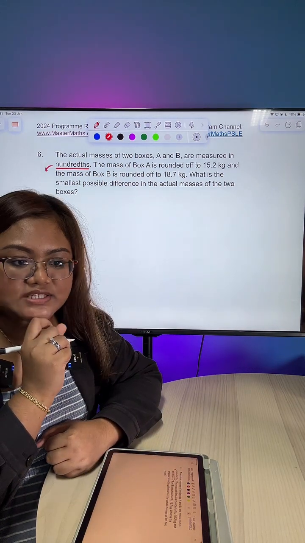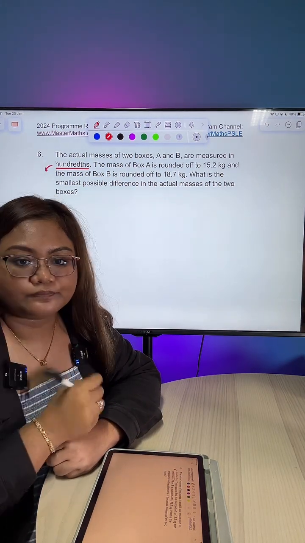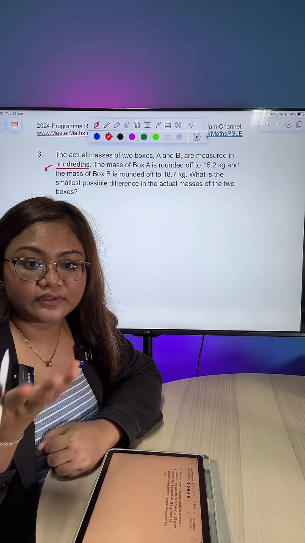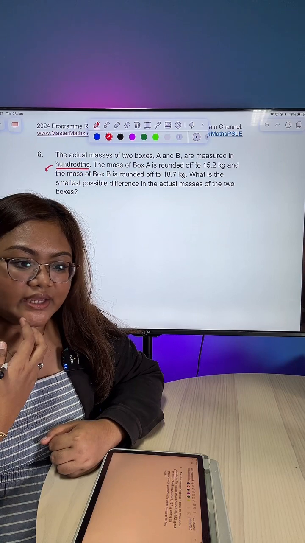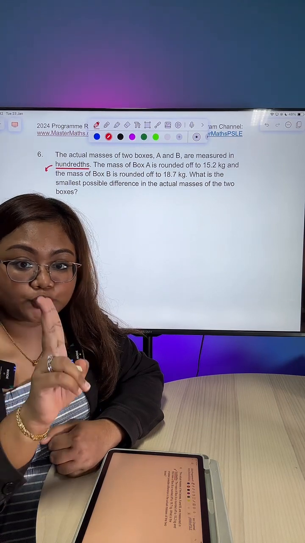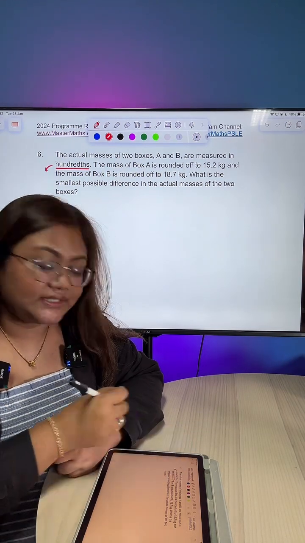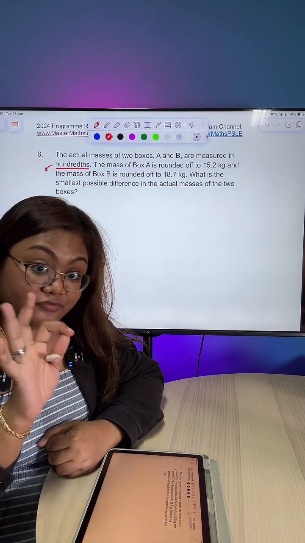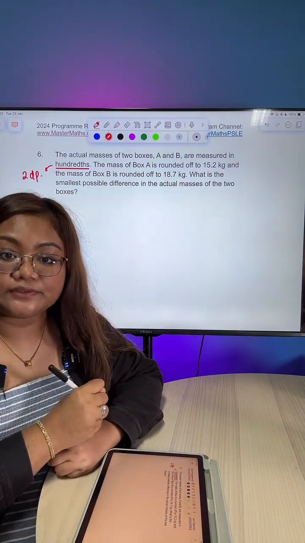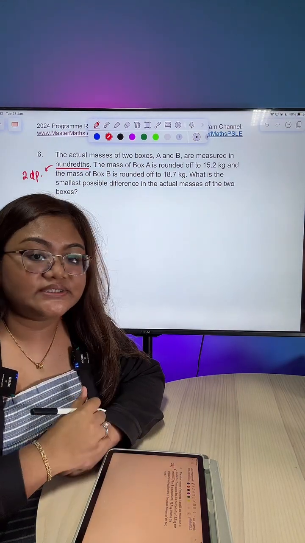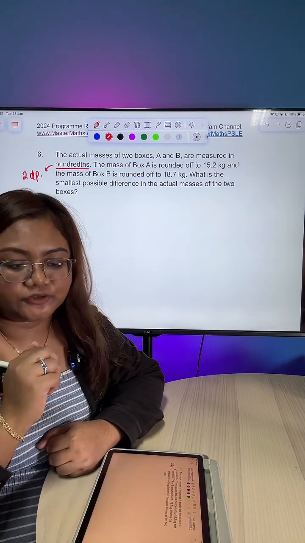Hundredths means how many decimal places? Hundredths means I have 2 decimal places, right? 2, not 3, be careful. So this means I have 2 decimal places. My first decimal place is tenths, then followed by hundredths.